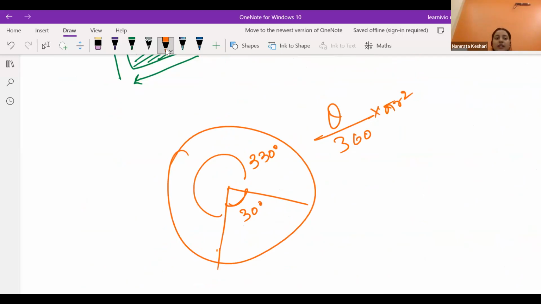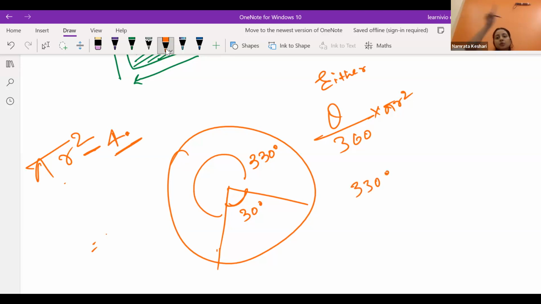Or you can find the area of the complete circle, pi r square, and subtract the area you have in hand, the 4 point whatever you have got, and you will end up getting the major sector's area. So either use the formula with 330 degree, or subtract from the total circle's area.